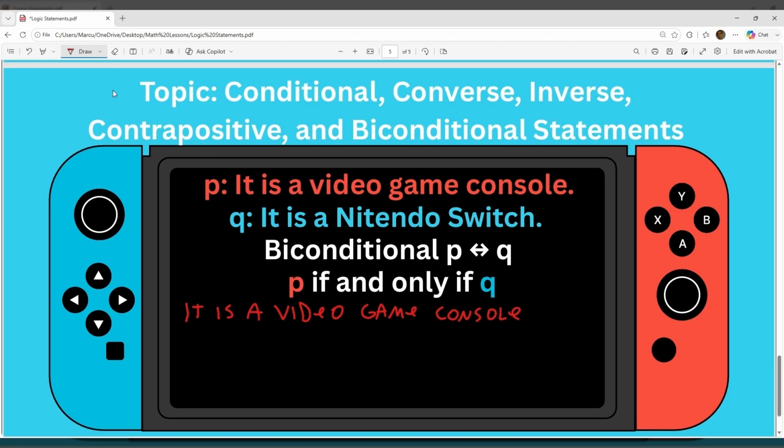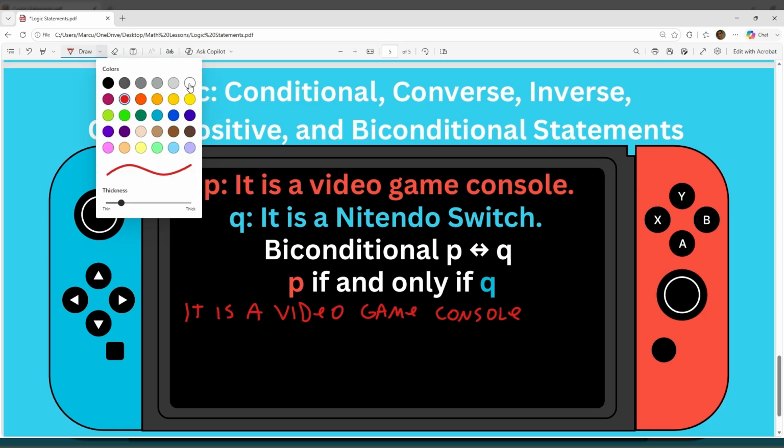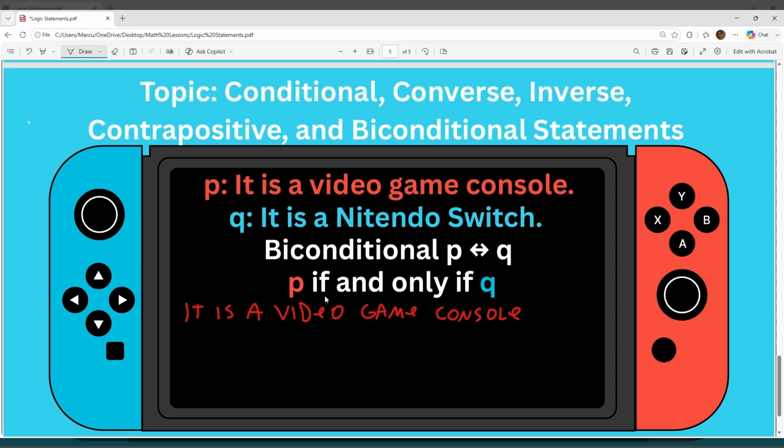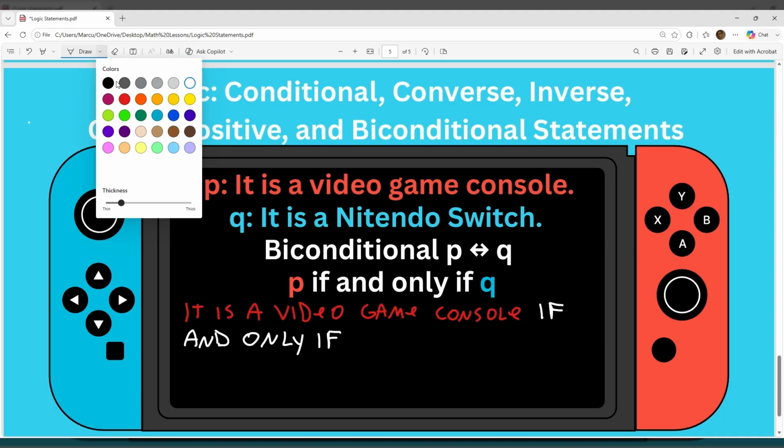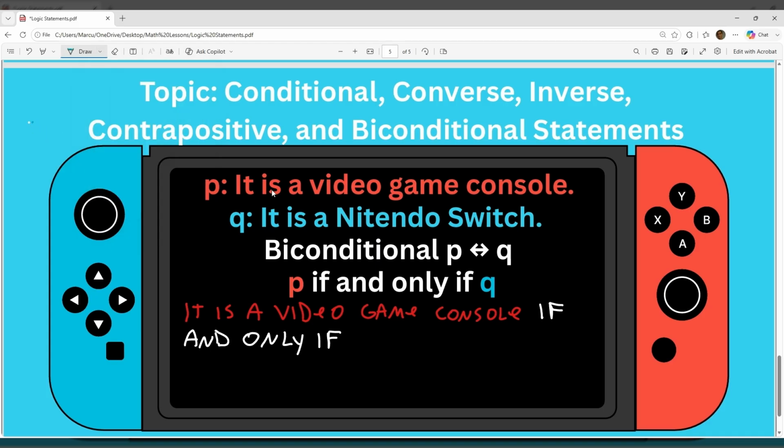And then we're switching to the white ink. And then notice it says the words if and only if. So that's what you're going to write next. So it is a video game console if and only if. And then we're going to switch to blue for the second statement, Q, which is written in blue.